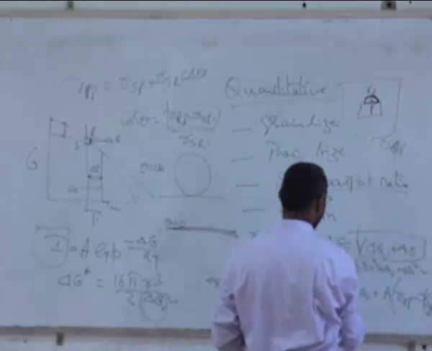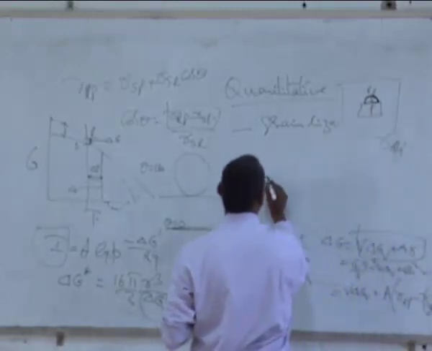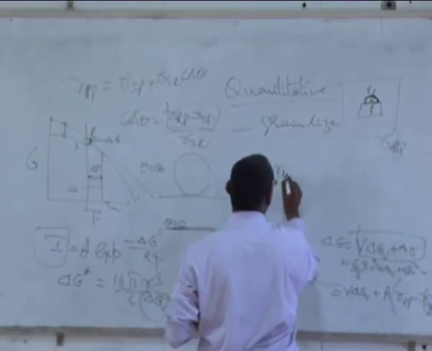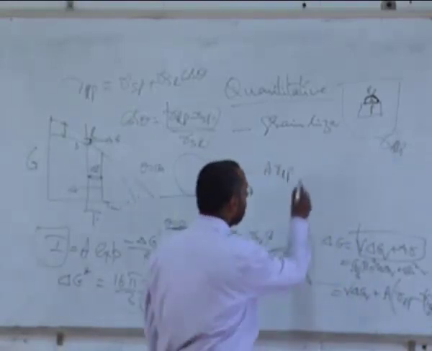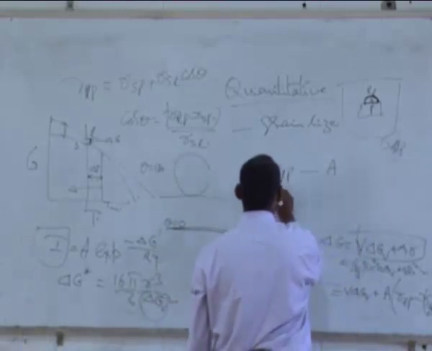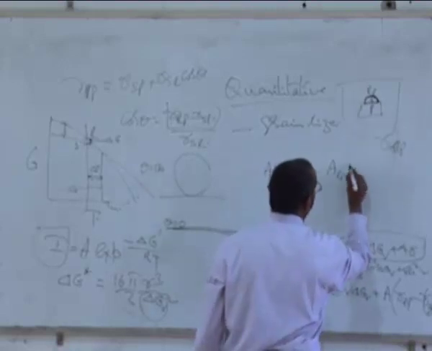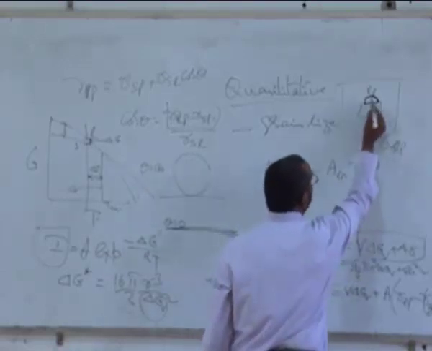What are the new surfaces? One is this surface, that is A of gamma LP, which is the original surface, minus now A LP is equal to the A SP, gamma SP, because it is spherical.